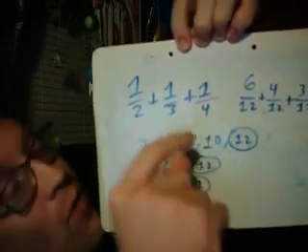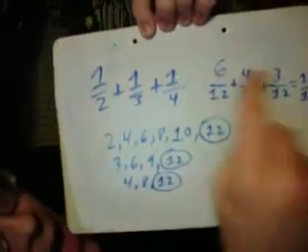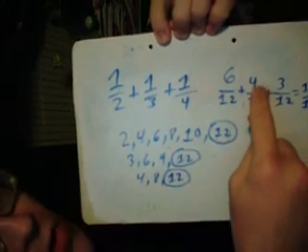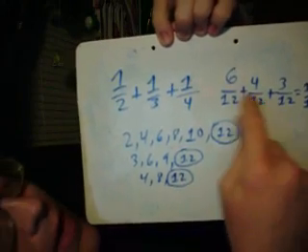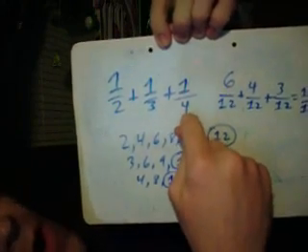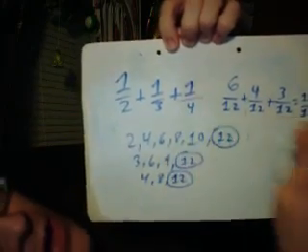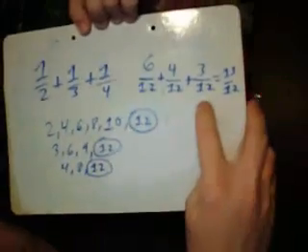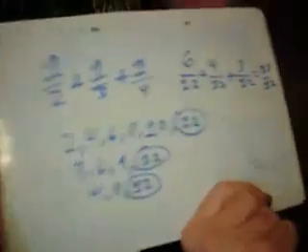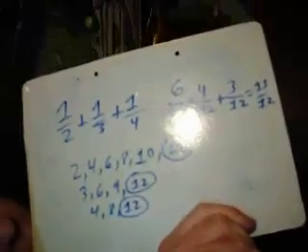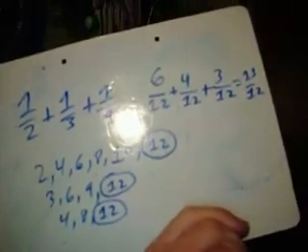If you take 1/3 and multiply it by 4/4, you'll get 4/12. And if you take 1/4, this fourth, times 3 over 3, you will get 3 over 12. So now you have a math problem of 6/12 plus 4/12 plus 3/12.